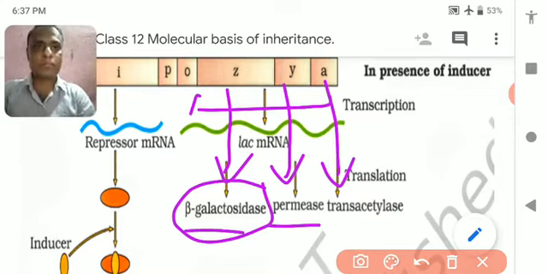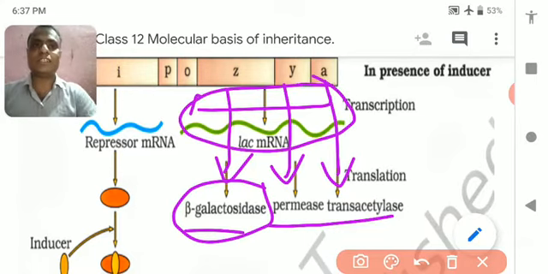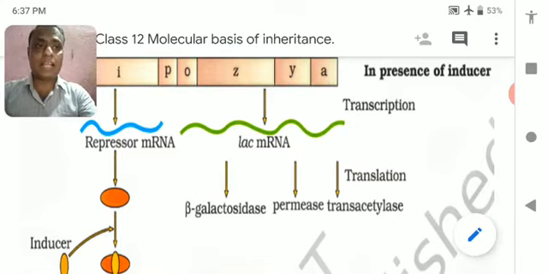From Y, permease, a kind of enzyme, is produced, and the third enzyme is transacetylase. So these three different enzymes are produced by these structural genes, and this structural gene region is also a part of the lac operon.